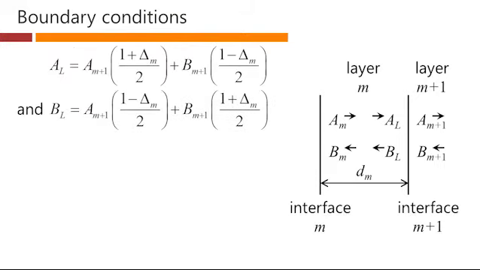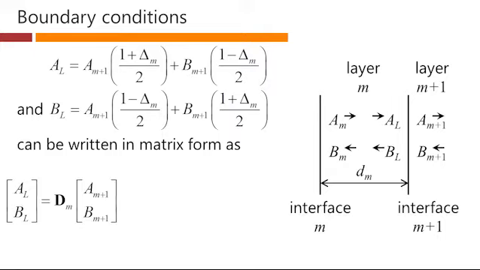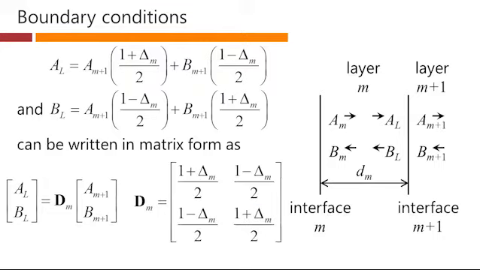Well, these two equations can be conveniently rewritten in matrix form as follows. We can write A_L and B_L as a vector equal to a matrix D_m times A_{m+1} and B_{m+1} as a vector, where that matrix is in this form. In other words, A_L, for example, is this vector here, A_{m+1}, B_{m+1}, multiplied into this top row here.